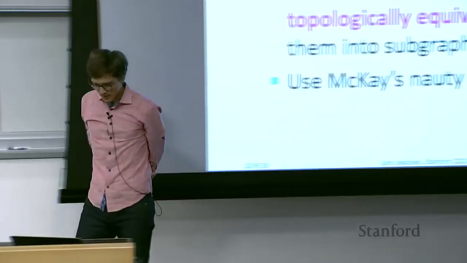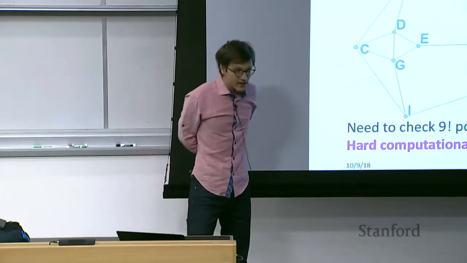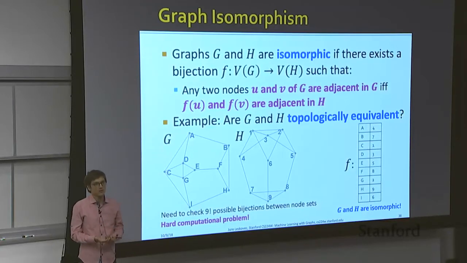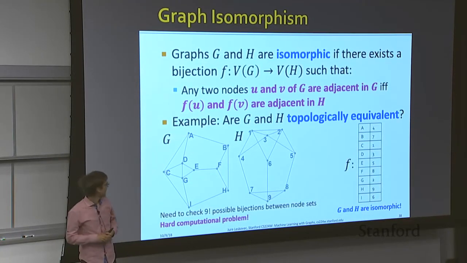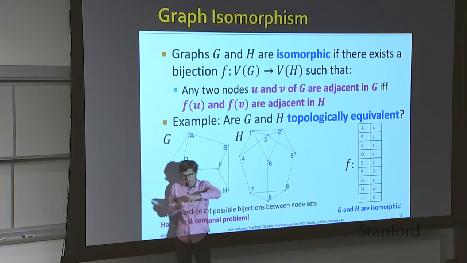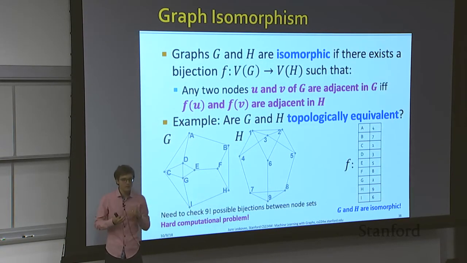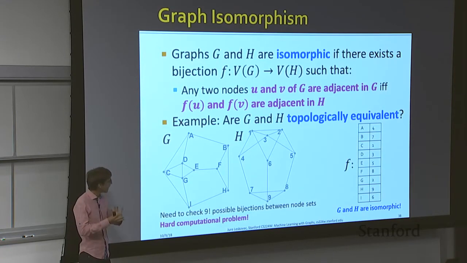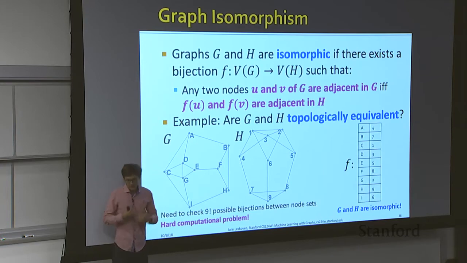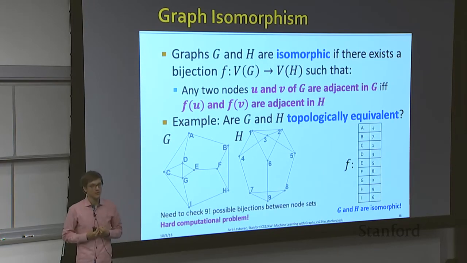And essentially, this is a very hard problem, and the way people solve it is using some kind of brute force search, where you take a node, map it to some other node, and then you keep mapping until you can, and then you backtrack and try mapping again. And if you find a mapping that maps the two graphs perfectly, then you have found isomorphic graphs.